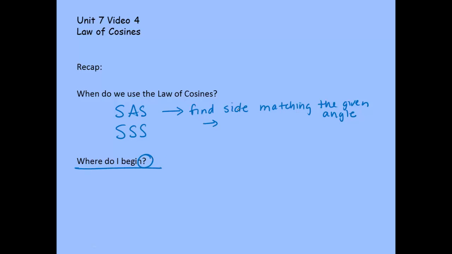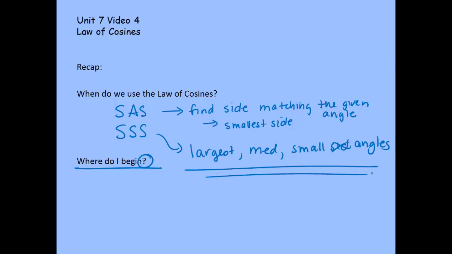And then you're going to go to the smallest side. In the side, side, side, you're going to start with the largest, and then to the medium, and then to the small sides, or angles. So those are your rules for the law of cosines.